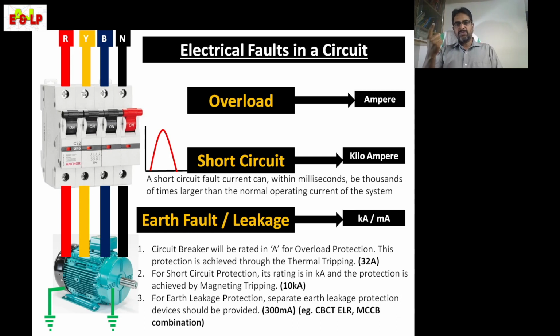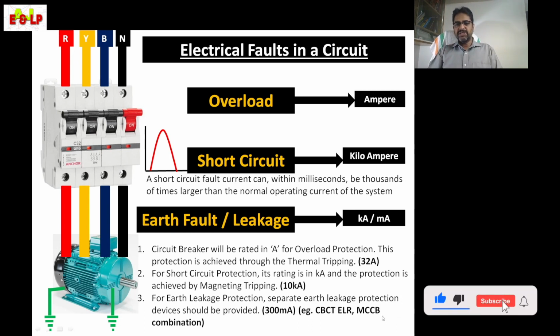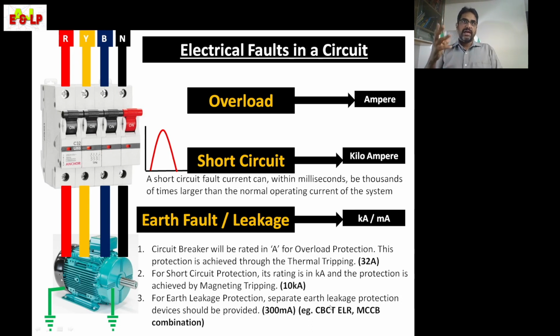Beyond that, suppose we need to use it for 125 ampere, in such cases we can use an MCCB with a CBCT and ELR arrangement. Anyway, for this topic we need to understand what is overload and what is short circuit. In this MCB, we can get overload and short circuit protection, but for earth fault and earth leakage, some other arrangements should be done.